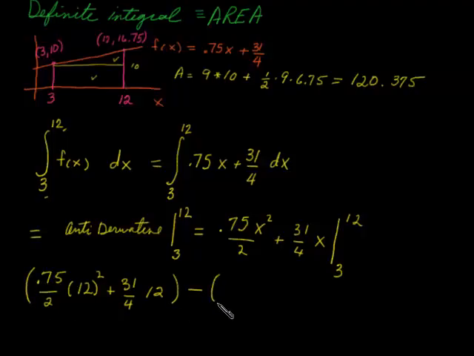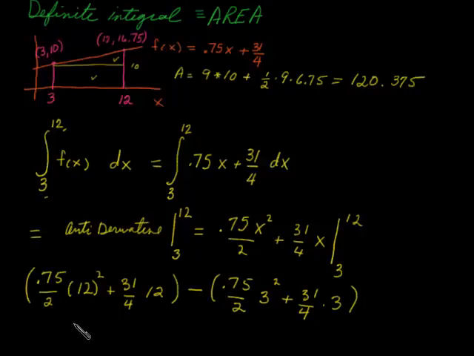Now I have to subtract off what I get when I evaluate the expression at the lower limit. So that would be 0.75 over 2, 3 squared, plus 31 over 4 times another x to be replaced by 3.